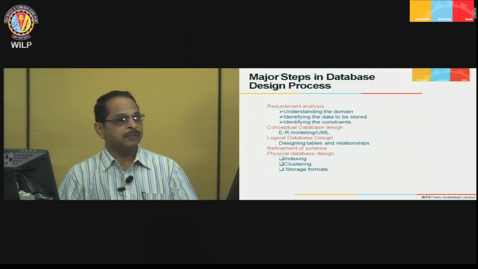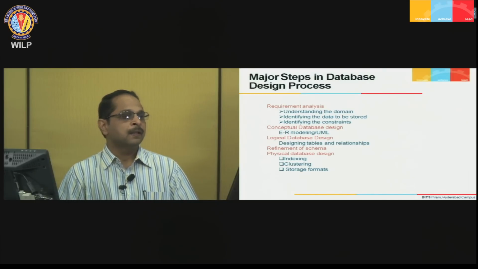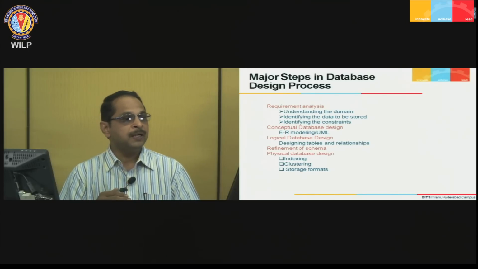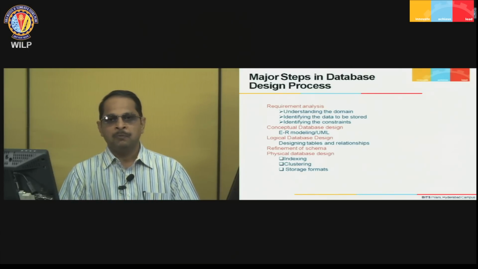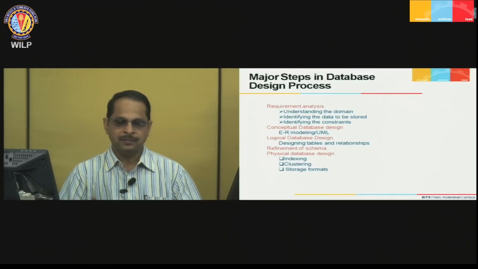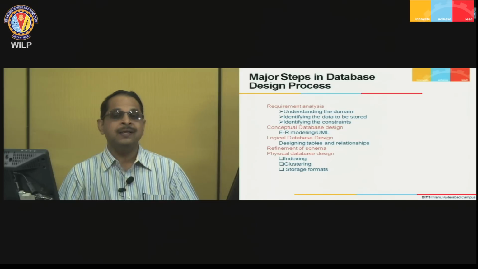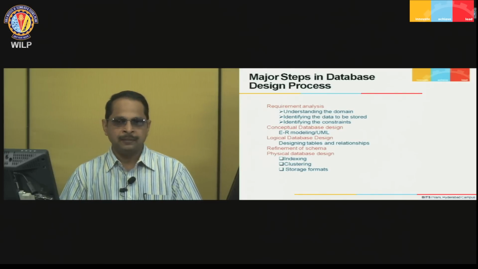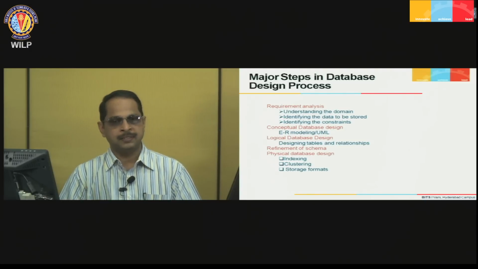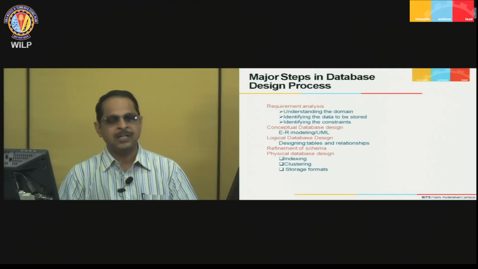Then once we are done with the logical database design, we need to think about the refinement of the schemas. Whatever logical schema we have arrived at so far may contain some anomalies or undesirable properties in terms of redundancy. When there is a large amount of redundancy in the schemas or the relational database design, it may lead to inconsistency. Now we need to carefully eliminate that redundancy as far as possible.